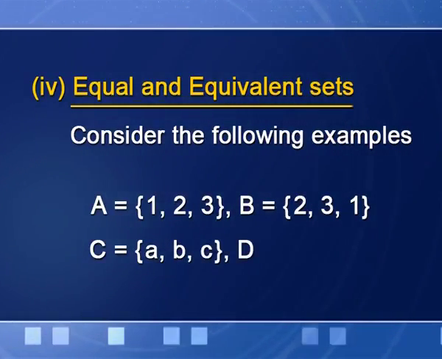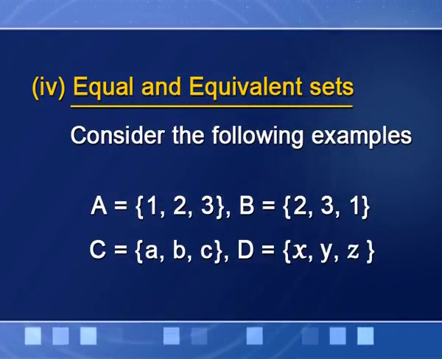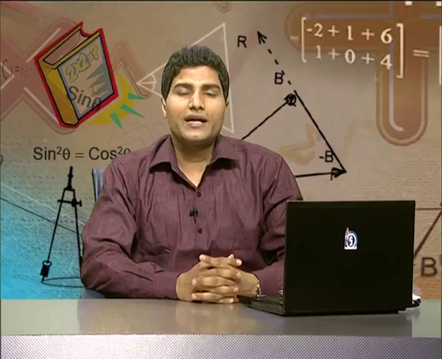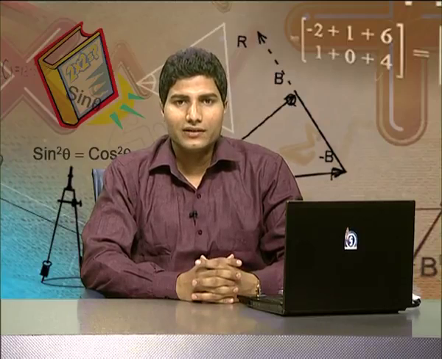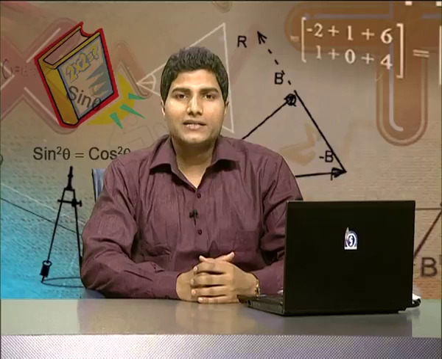Set D having elements x, y, z. These two sets C and D both are having 3 elements each, but the elements are different. So these two sets will not be equal, but they will be equivalent sets.